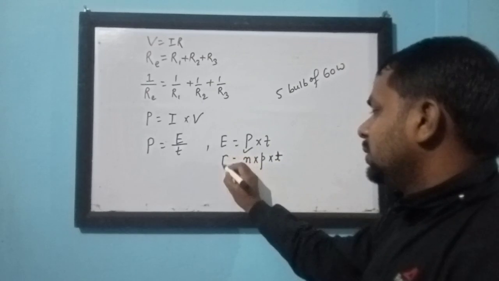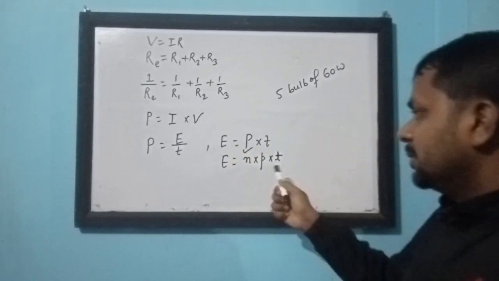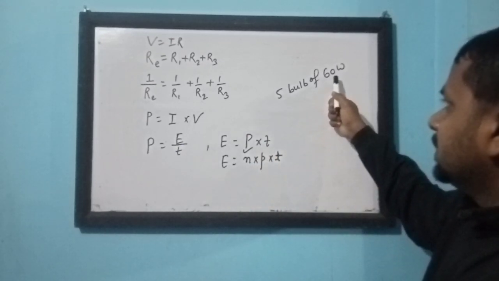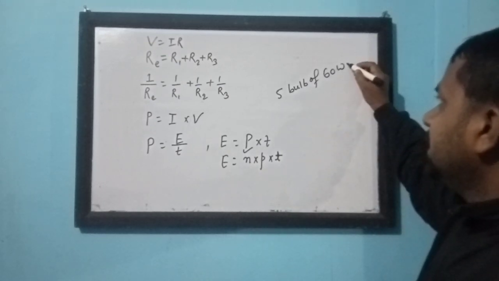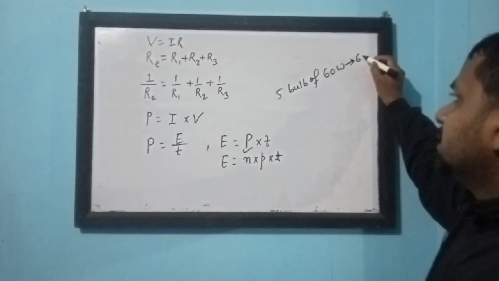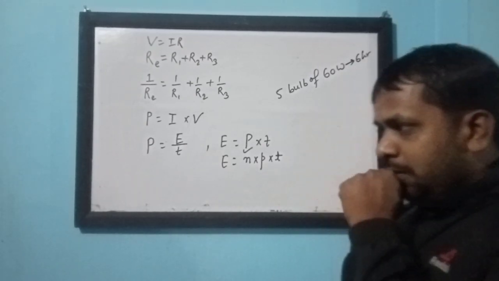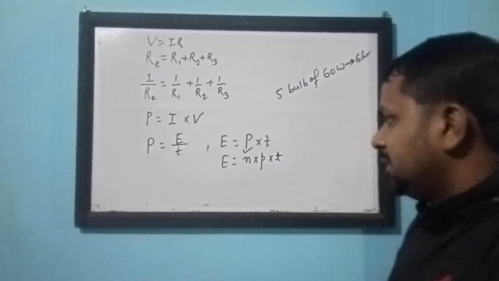In this way also you can find the electrical energy consumed by using this formula. N represents number, P represents power of each instrument, and T represents for how many hours this is running. Suppose this is running for 6 hours, then 6 will be here. I hope you are understanding this.